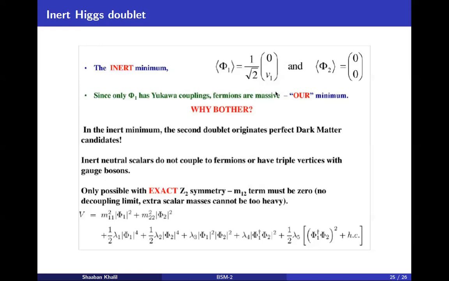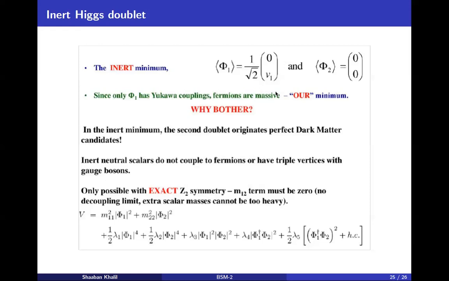Okay, it has interactions with W, because it's still a doublet. But it is inert in the sense that it's really not interacting with the standard model fermions. Second, if you assume exact Z2 symmetry, you will kill the mass term M12. When you kill the mass term M12, remember M_A was first proportional to M12.